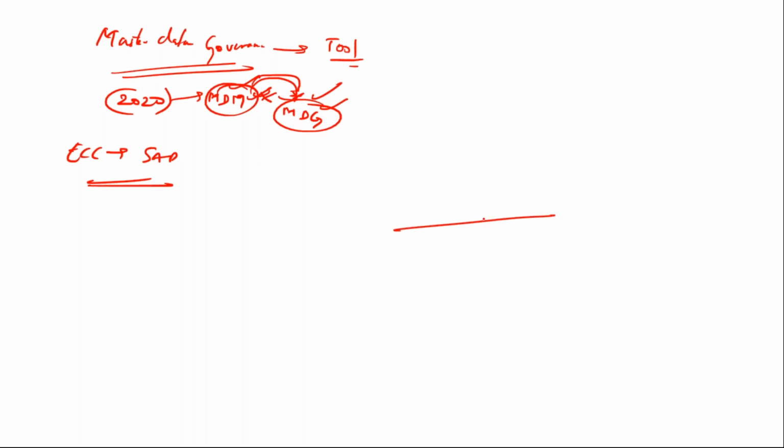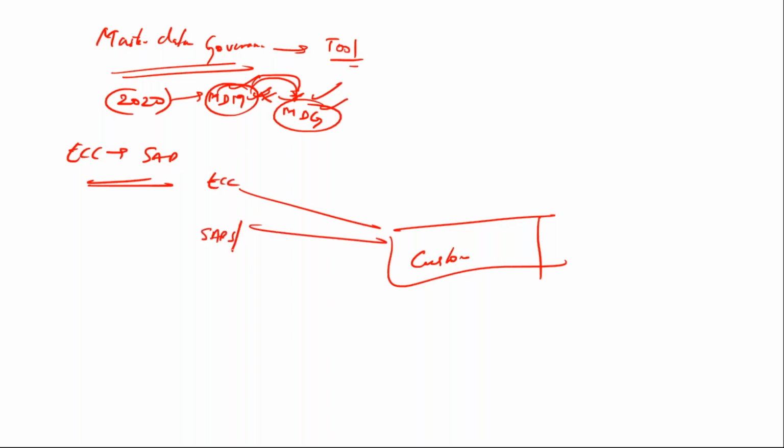So why do we create master data? Suppose I have a customer. A customer comes from different systems. It could be from an ECC system, or from an existing S/4HANA system, or from your CRM system, or from a retail system, or a transport management system.